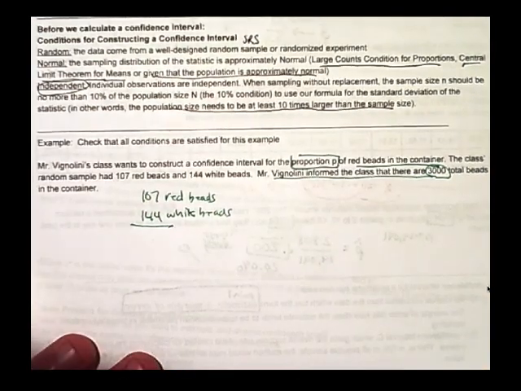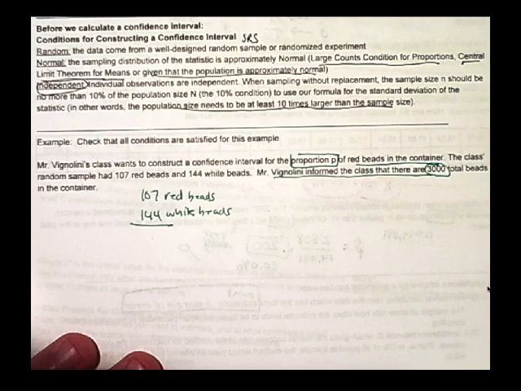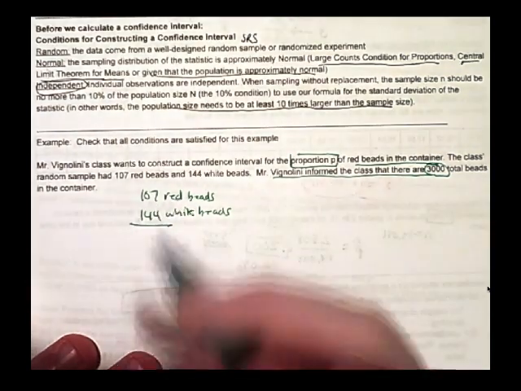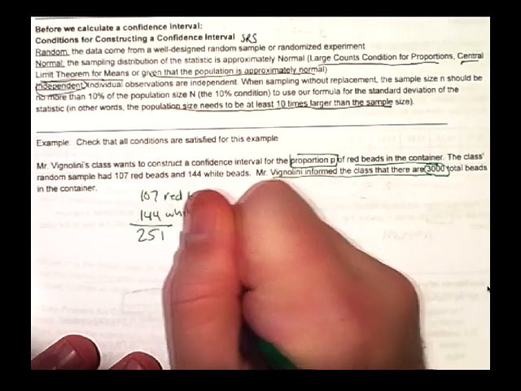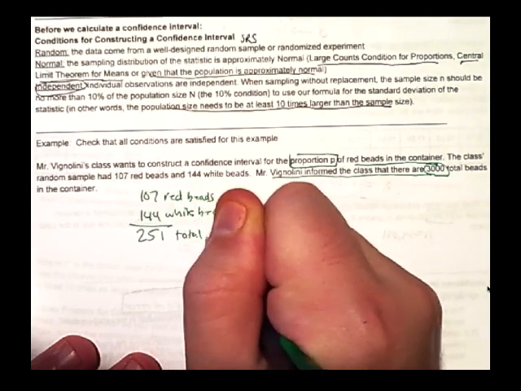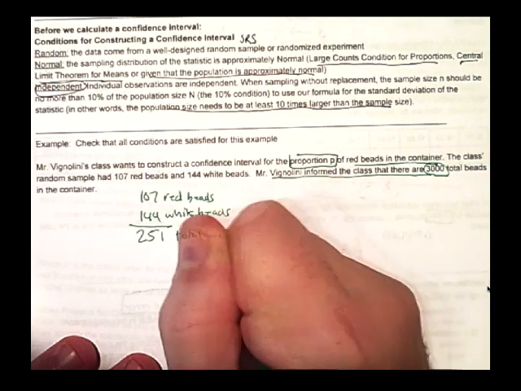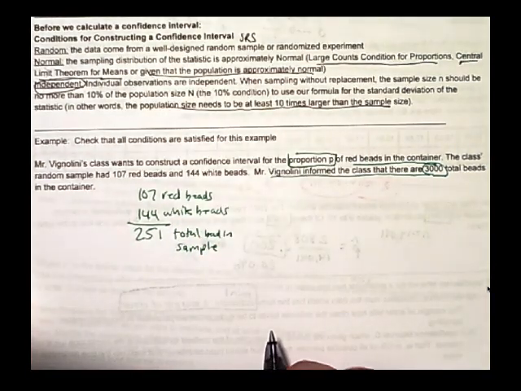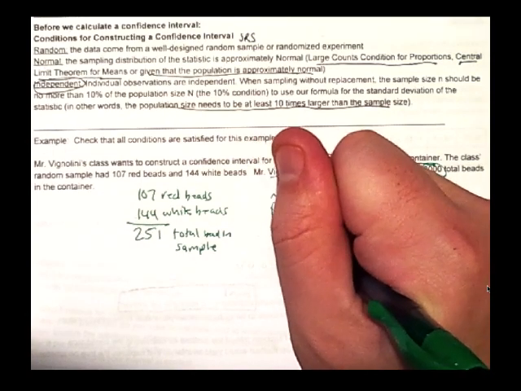So these are the only ones they drew in their sample. Let's add those together. 100 plus 100 is 200, 44 plus 7 is 51. So there are 251 total beads in the sample. So what would our p hat be?